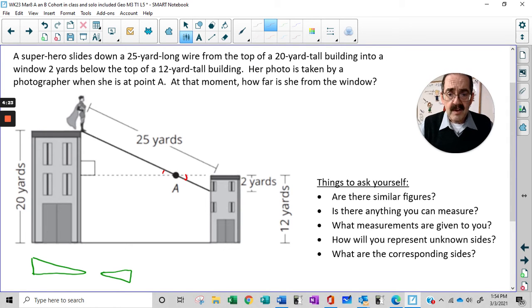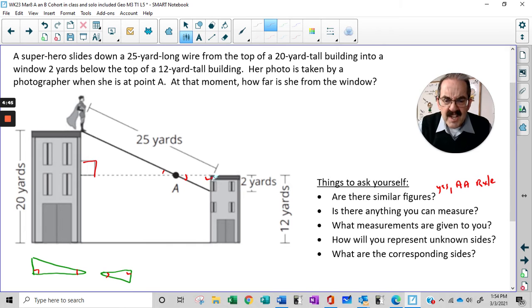We have a 90 degree angle and a 90 degree angle, so I'm going to draw the 90 there, and vertical. So are there similar figures? Yes, and officially we call it the angle rule. Is there anything you can measure?